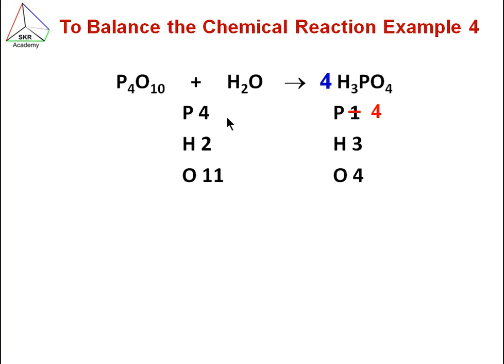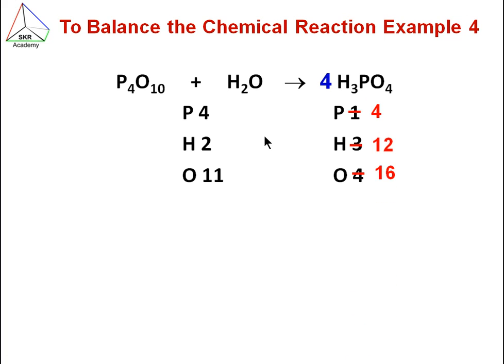Then the phosphorus atoms will be balanced, 4 on each side, and then we will balance hydrogen. But due to this coefficient 4 on the right hand side, the total number of hydrogen becomes 3 multiplied by 4, which is 12. So now we have to balance this.